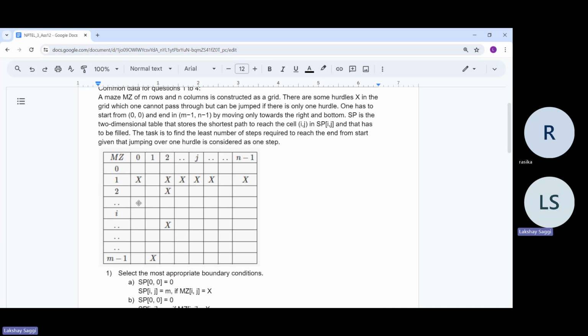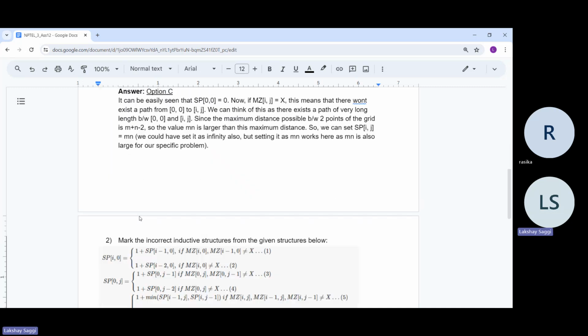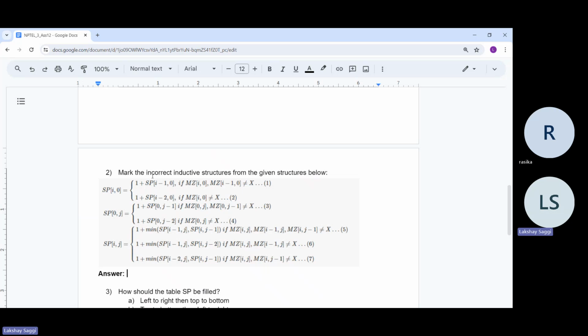But if there is just one cross before i, so if i minus 1,0 contained one cross and here there was no cross, then I could have just added one hop and hopped along this cross and I would have reached i. If there were two crosses here, then I could not have reached. And if there was no cross at i minus 1, then I could have reached straight without adding any more. So this is what we'll be doing in this case also.